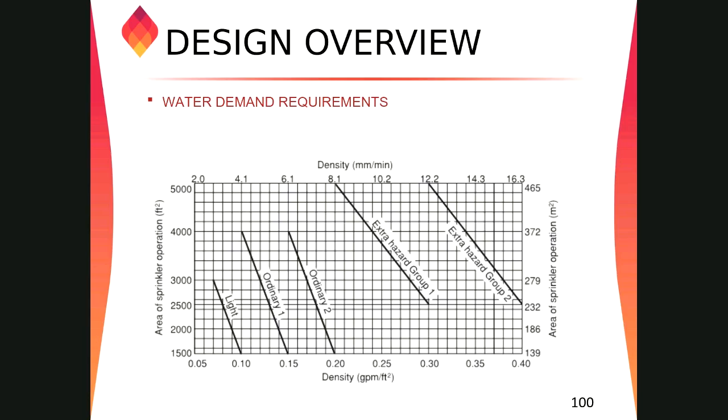Okay, so now we have the water demand requirement. This is a density curve, right? Design density curve for the light hazard occupancies all the way to the extra hazard group 2, not for the class 1 to 4 commodities or group A plastics. So this is a general one, right? If you have a building of light hazard occupancy, and you are selecting an area of sprinkler operation of 1500 square feet, you have to go to 0.10 density.